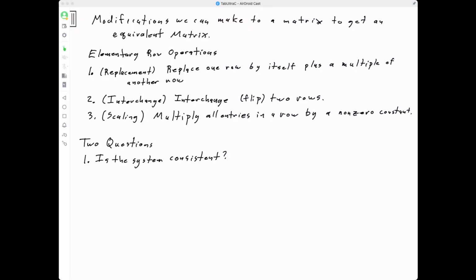Another way to say this is, does at least one solution exist?